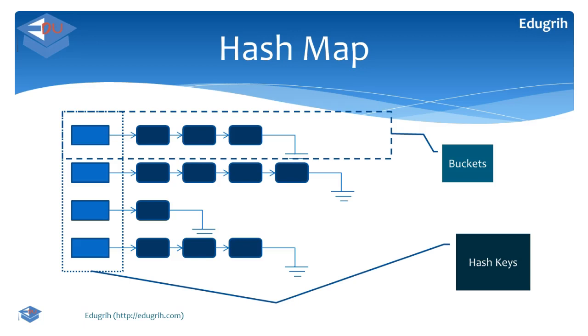To avoid the same, what Java does is that when the total number of entries reaches capacity times load factor, then the hash map is rehashed. In that case, the number of hash entries which is allowed in that particular hash map is increased, and subsequently the buckets will increase.